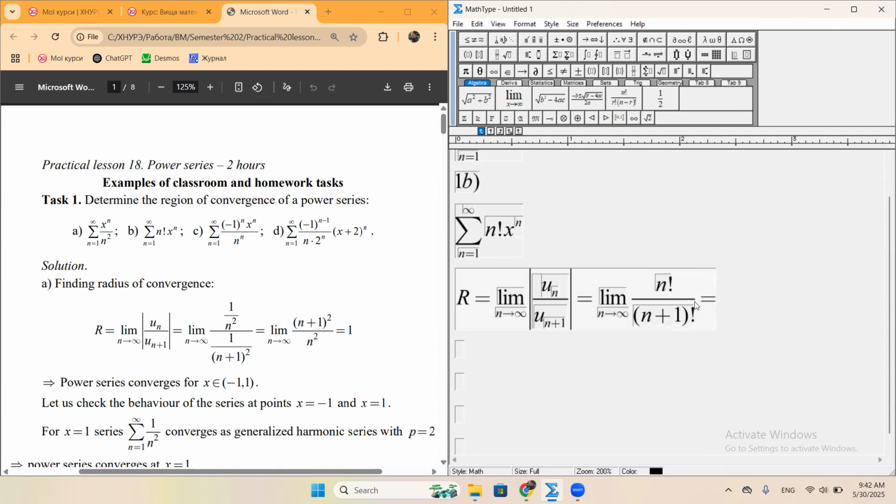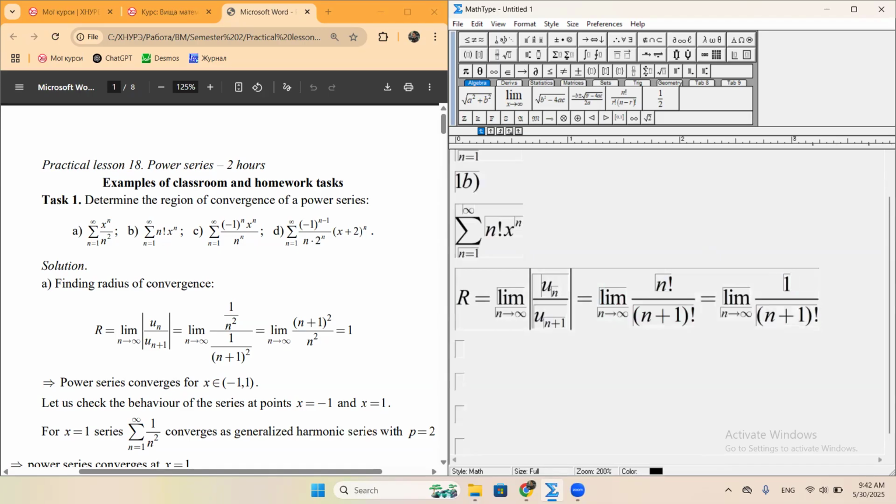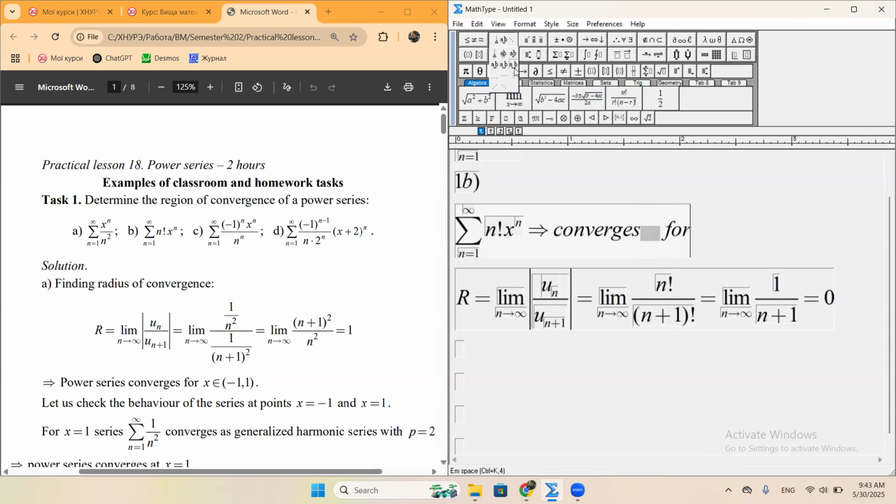After I cancel n factorial, I will receive 1 over n plus 1, and it will be equal to 0. So what does it mean? This power series converges only at one point, x equals 0. That's the partial case.